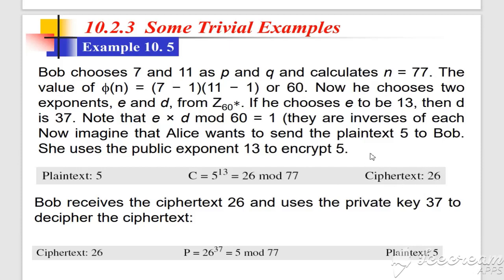This cipher text is sent to Bob, so Bob can use this value and get the plain text. So 5 is the plain text and the corresponding 26 is the cipher text. If we apply the private key on 26, the corresponding plain text is 5. So you can verify both.